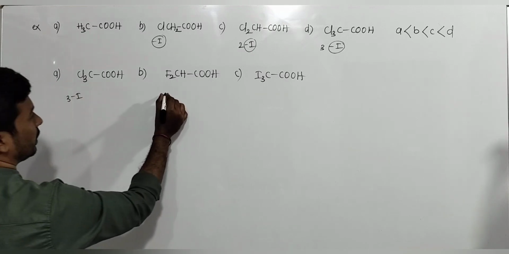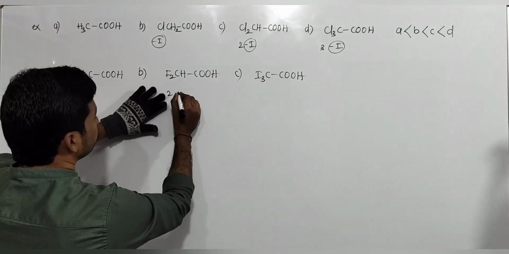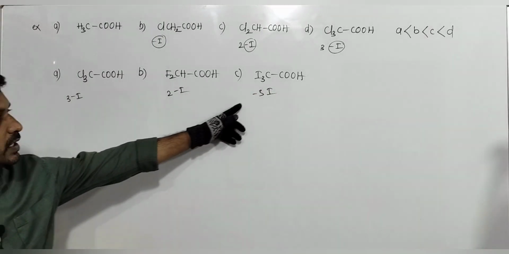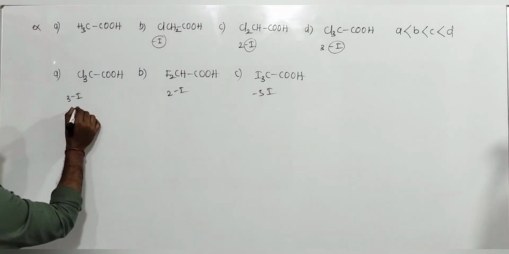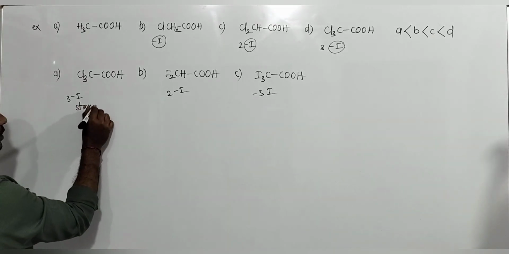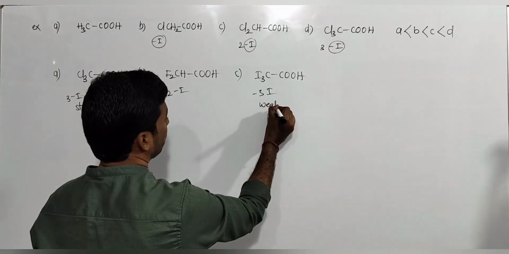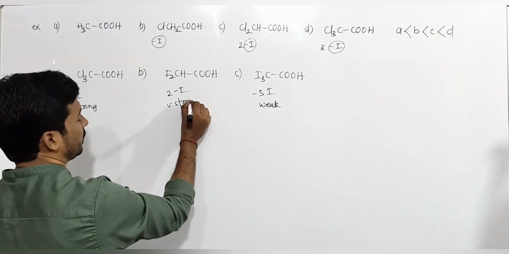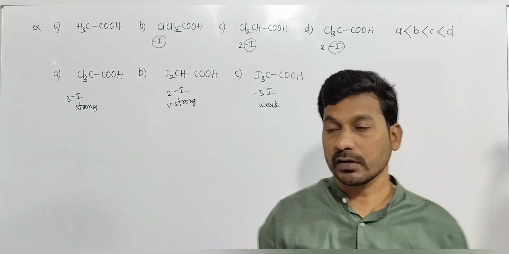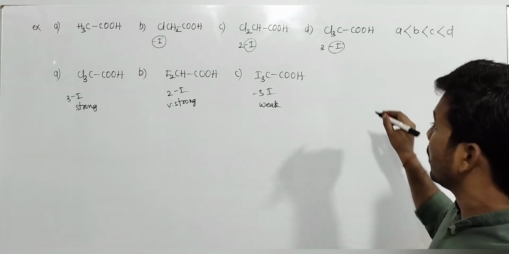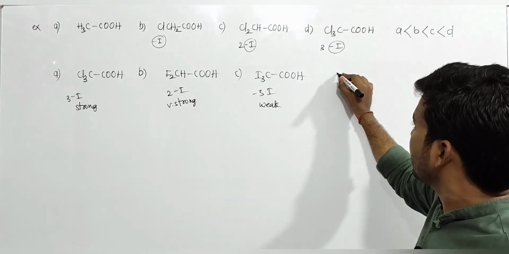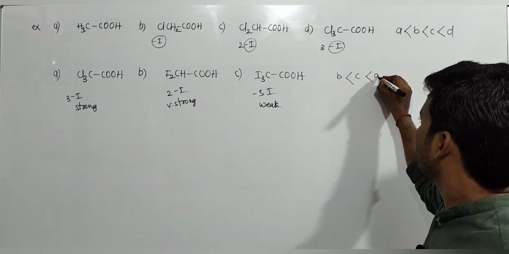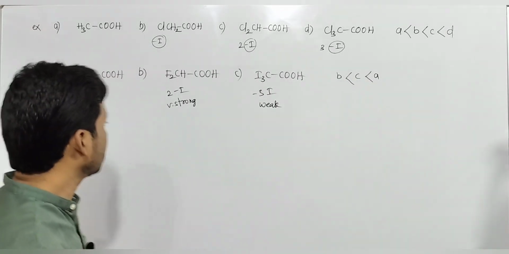Here only 2 minus I groups, and here 3 minus I groups. Between chloro and iodo, chloro is a strong minus I group and iodo is a weak minus I group. Fluoro is a very strong minus I group, but those are 2 in number. That's why A is stronger, B is weaker than C, C is weaker than A. This is the order.